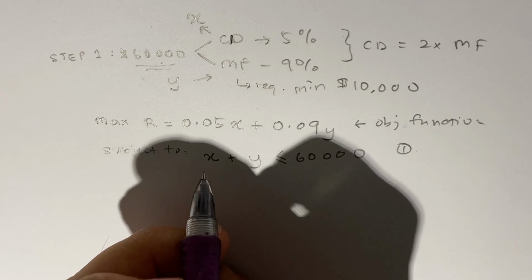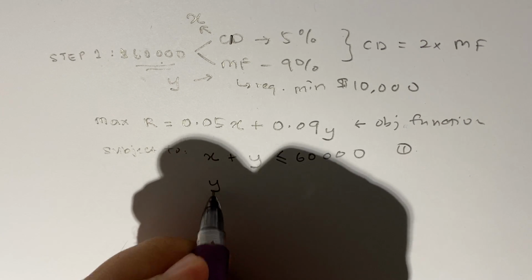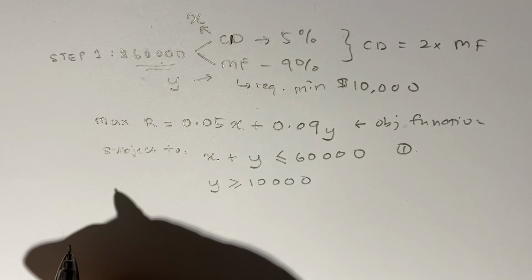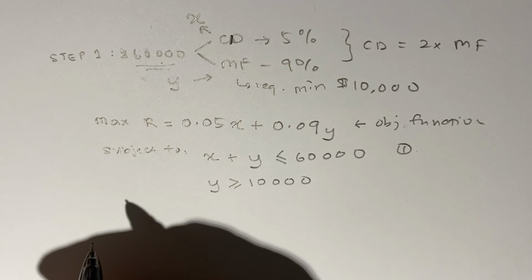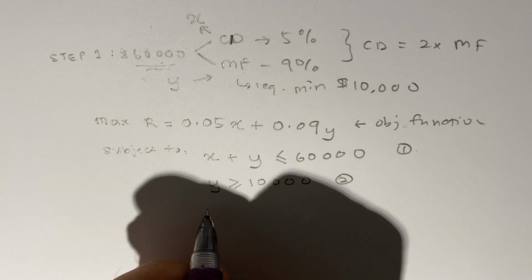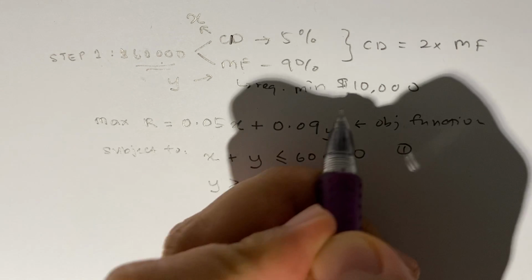The second constraint is the required minimum. Y must be greater than or equal to 10,000, it cannot be less than 10,000. The last constraint is the preference by the investor.